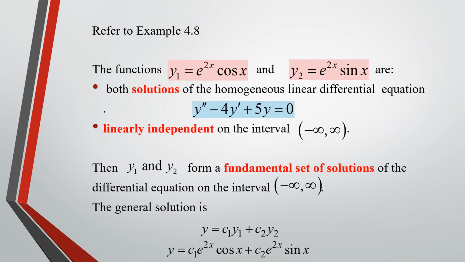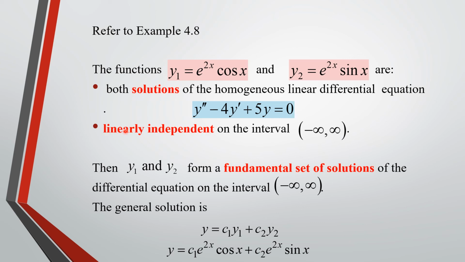Let us recall the previous example. In the previous example, we have the functions y1 and y2: y1 equals e to the 2x cos x and y2 equals e to the 2x sin x. We are told that they are solutions of this differential equation. And we have used the Wronskian to show that they are linearly independent.